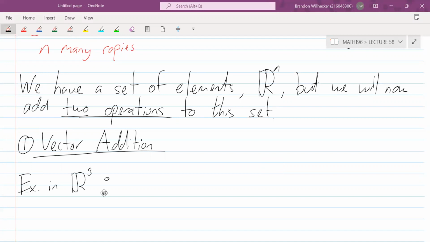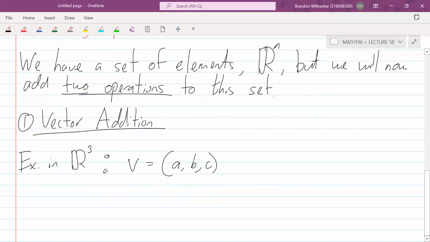If I have two vectors from R3, that's what we call them, let's say V is going to be (A, B, C). It's a 3-tuple with 3 real numbers. Just a little bit of notation: sometimes you can just write it as V, sometimes there's a little line at the top, sometimes a line at the bottom, or maybe a little arrow at the top.